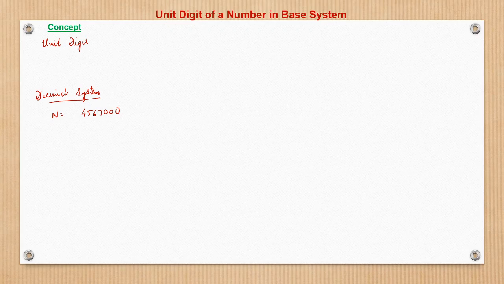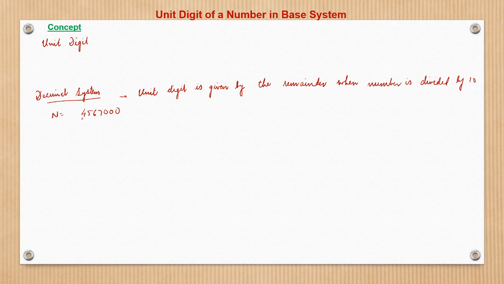So the unit digit in base 10, in the decimal system, is given by the remainder when the number is divided by 10, which is the base.